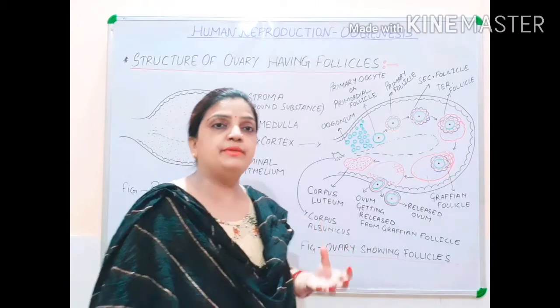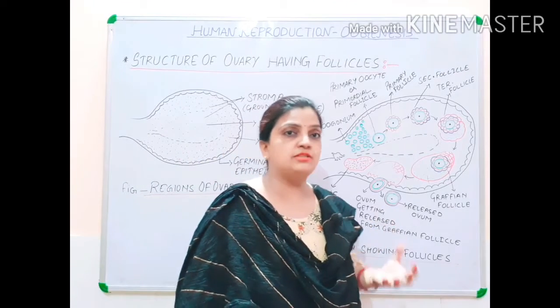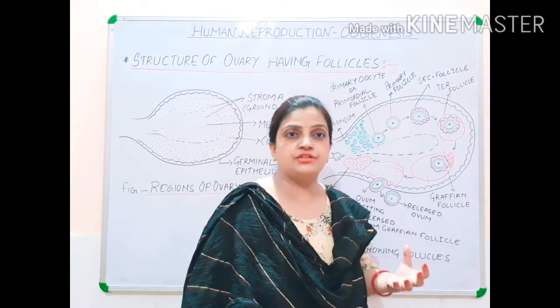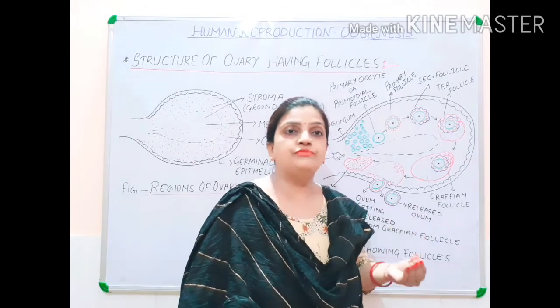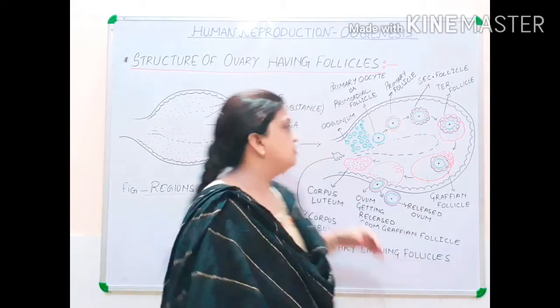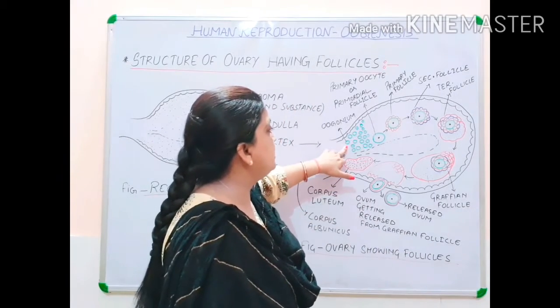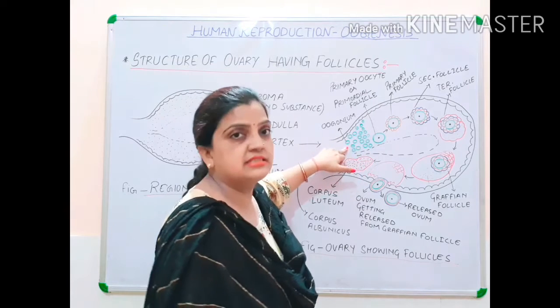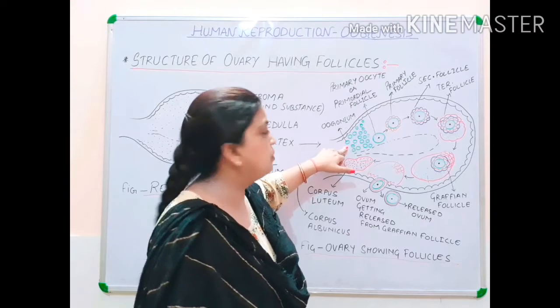You know that the germinal epithelium lining is responsible for the generation of many cells called oogonium cells. So here you can see that I have drawn small cells with green color, and these cells are oogonia.